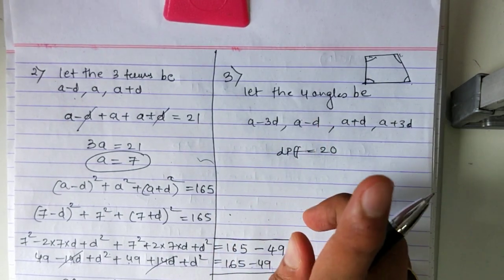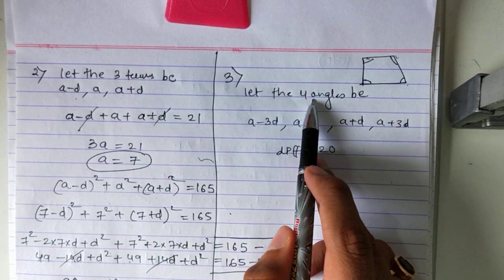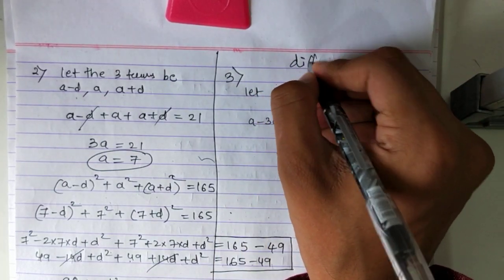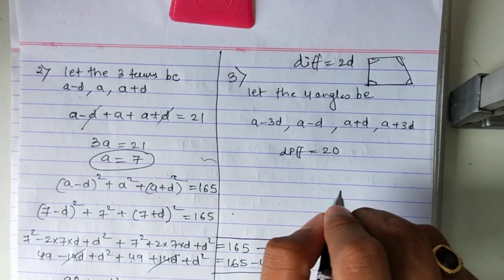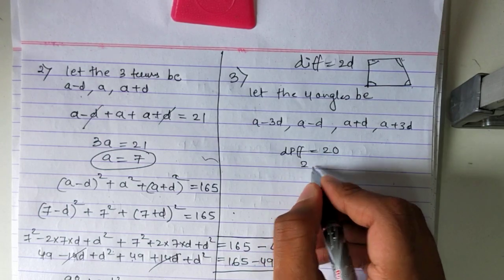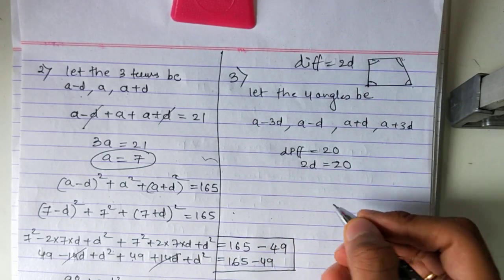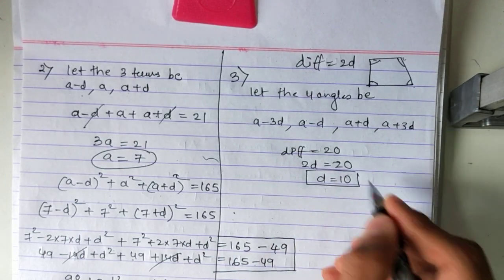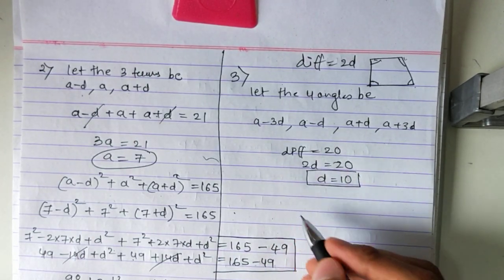I've told you clearly that when there are 4 terms, the difference is 2d. Okay, so don't forget this, the difference is 2d. So here 2d is equal to 20. Therefore d will be equal to 10. This information will be useful.